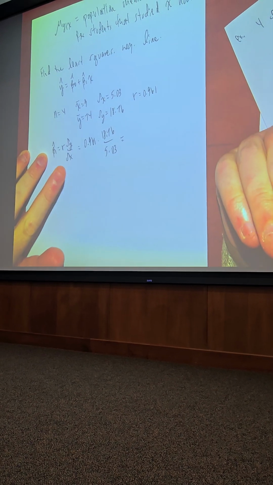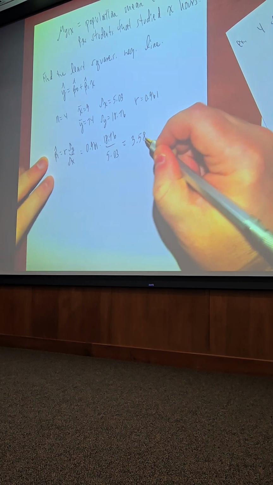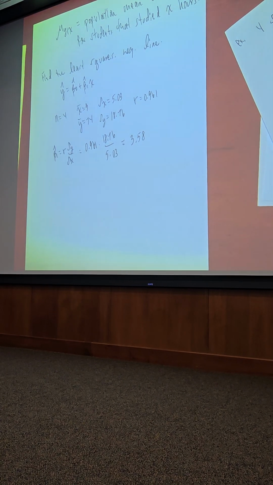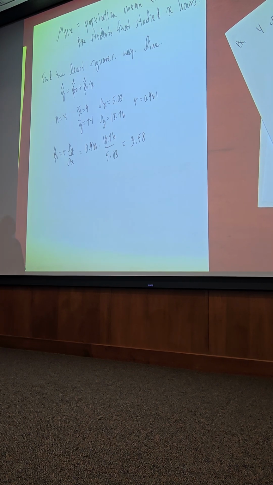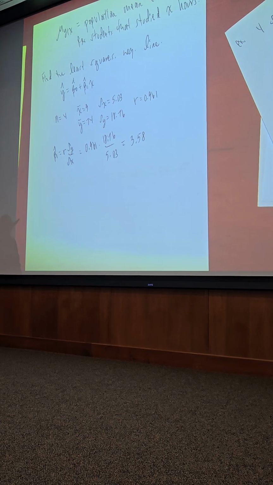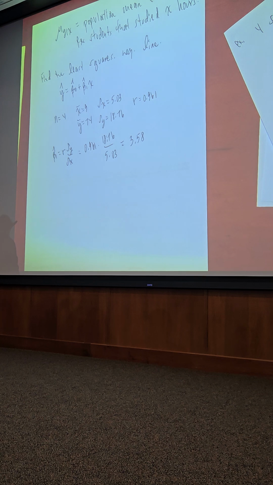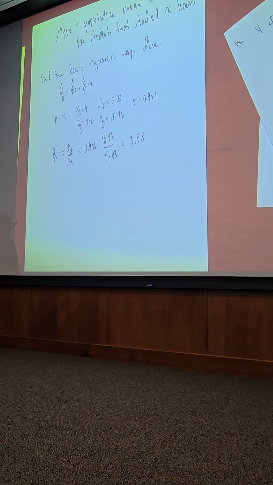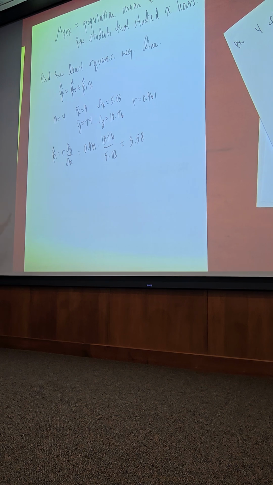And the slope of my least squares regression line turns out to be 3.58. Beautiful. That's the slope. Okay. Now, if you think of my scatter plot, are we surprised that we have a positive slope going through the center of the data set? Not surprising at all.